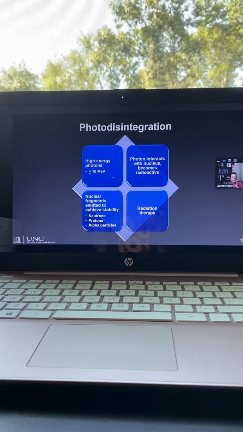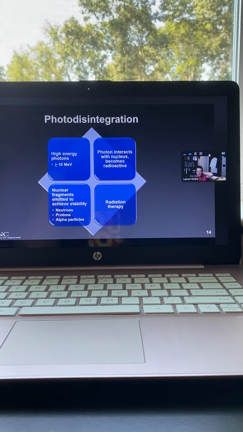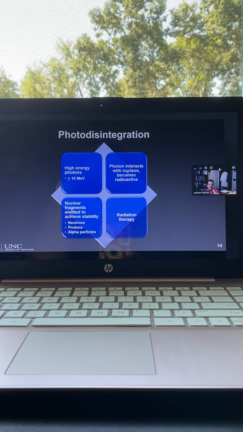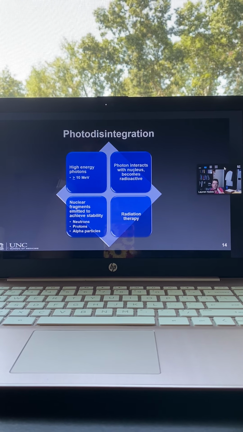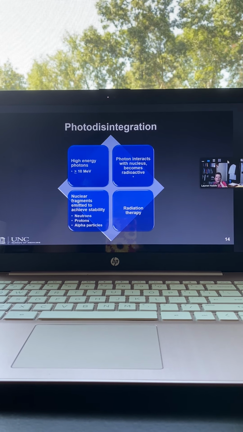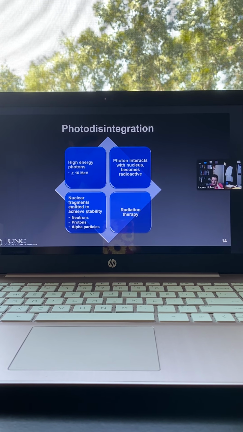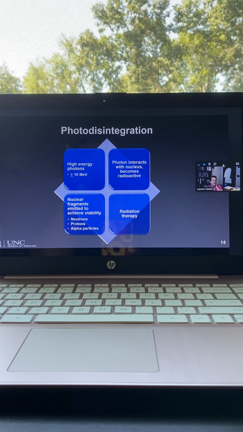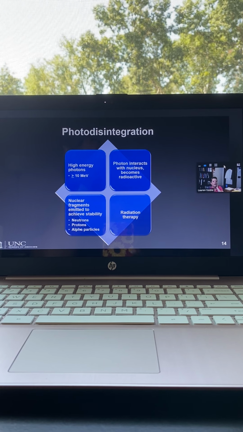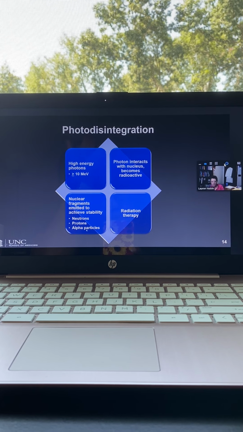Okay. Here, what happens is the photon actually interacts directly with the nucleus. So the nucleus becomes radioactive. The nucleus itself will release fragments. So we end up with neutrons, and we end up with protons, and even alpha particles. And we will not go into detail about how this happens.